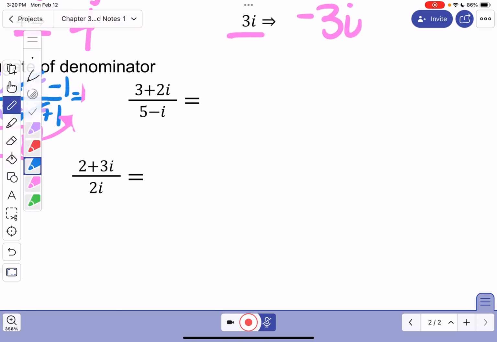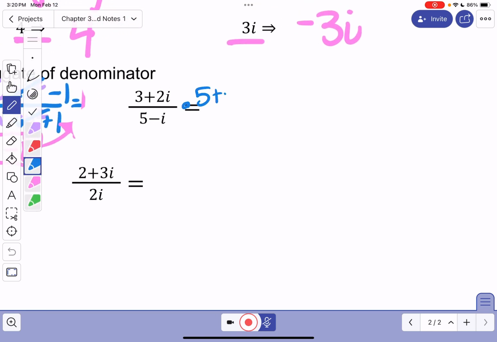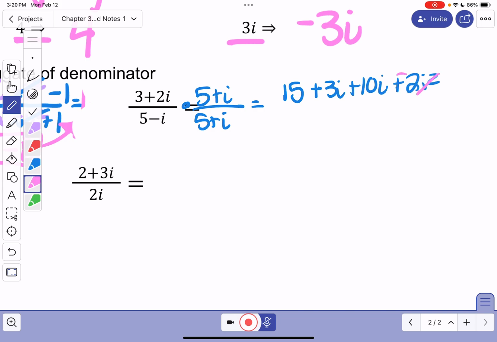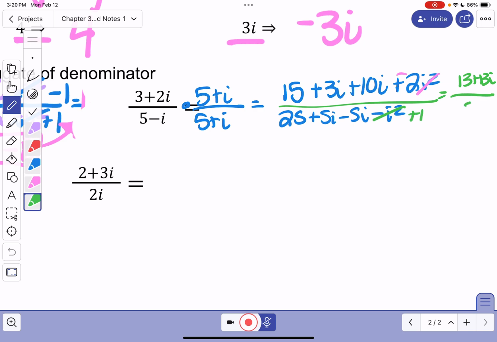All right, if we do it out, we're doing 5 plus i here. So we FOIL. Our i squared makes this negative. Combine like terms. Then we FOIL the bottom, which makes this a positive 1.